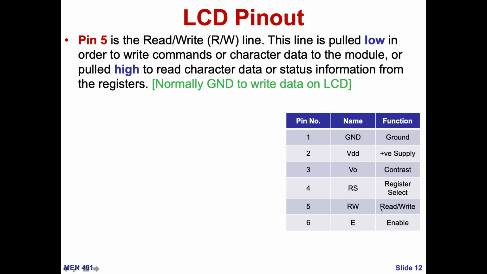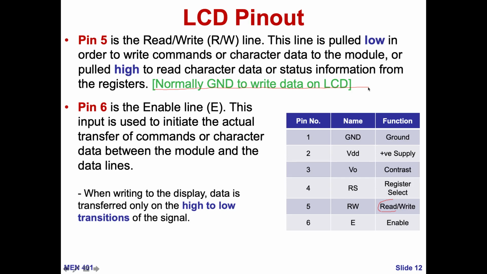This line is low when I want to write on the LCD, and it is high when I want to read from it. Generally, I don't read from the registers of the LCD. So this is why generally I put ground here, because I always write data on the LCD.